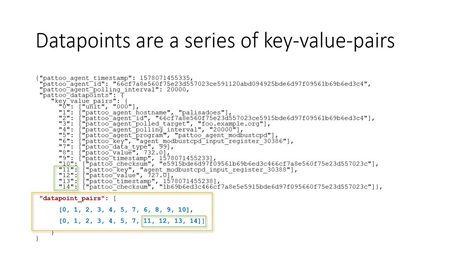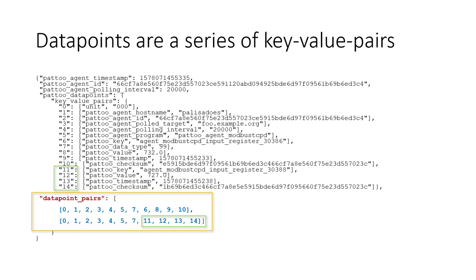In the previous one, it ended in 386. So you can see that there are two different key values. And then also the values of the values are different because in this case, the value is 727. In the previous case, the value was 732. And so we get all this information.